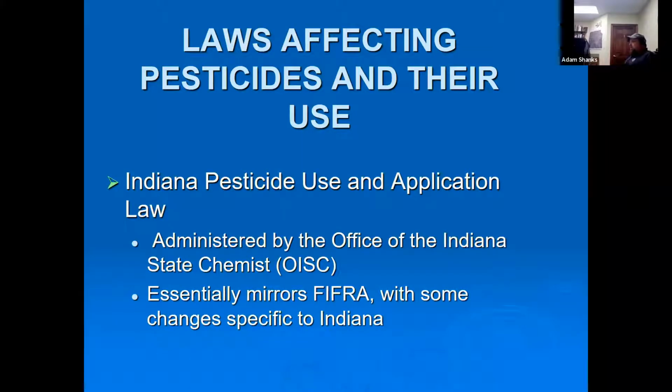And then more on a local level, those laws are put into place, maybe changed a little bit more for local needs, but those are administered and policed or maintained by the Office of the Indiana State Chemist, which is located on Purdue's campus. But basically, it mirrors the FIFRA laws, but like I said, with some local flair for Indiana. And I'm sure if you're not in Indiana, you'll have a state governing body for the pesticides wherever you're located as well.